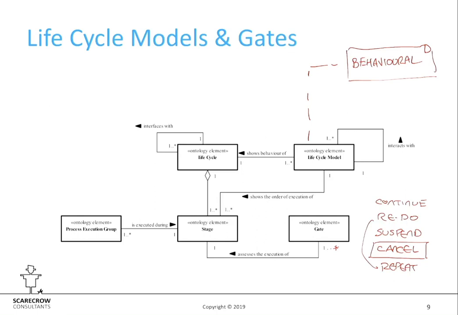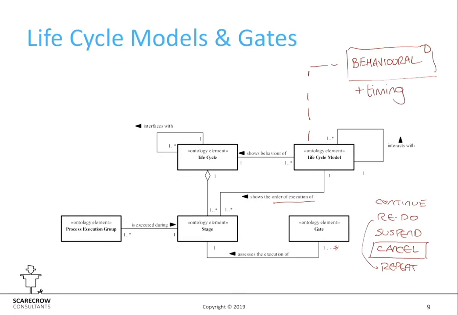So you may not be involved in all of the stages. So the life cycle model is now the actual stages from the life cycle for an actual project that you're working on, or a system that you're developing, with timings on. So through time now. This is the key thing. It shows the order of execution of those stages. It shows the stages you're going to do, the order that you're going to do them, and also you can put timing on as well, so how long you can spend in each stage.